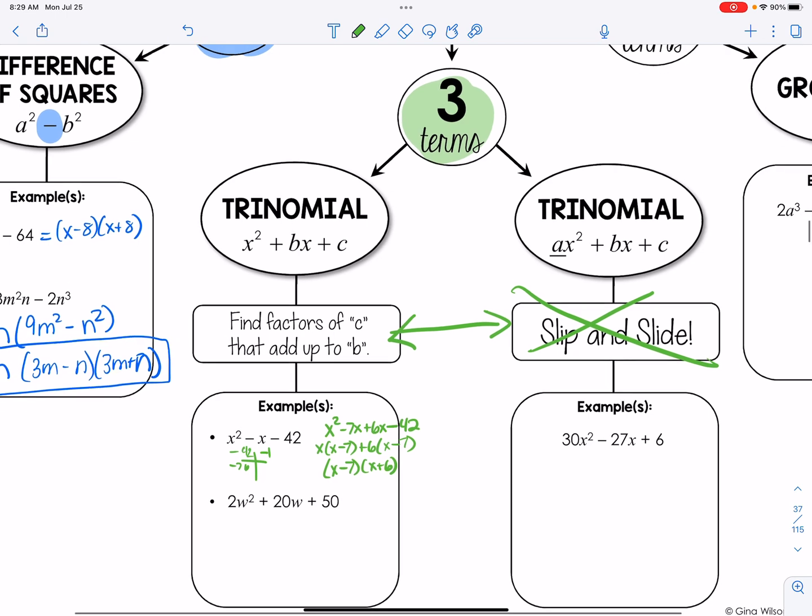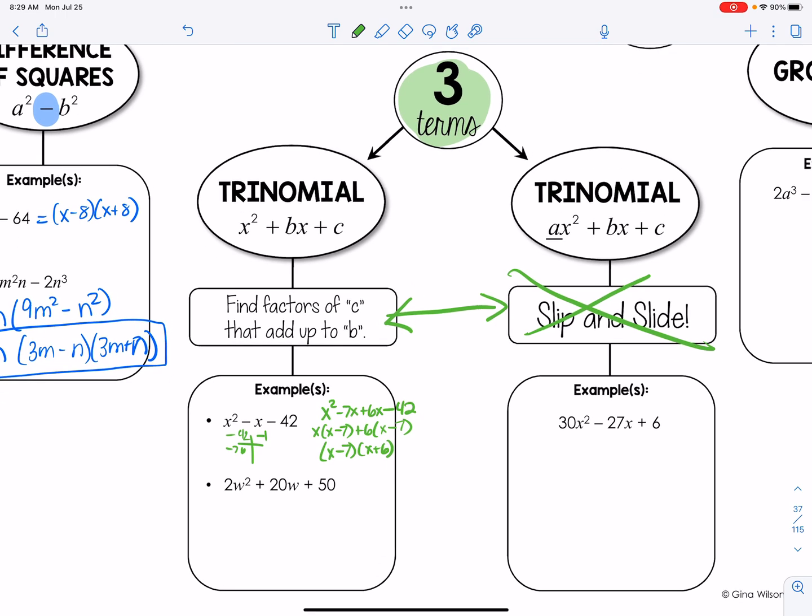Okay? Then you've got to look at that next one. You can take out a GCF. You can take out a 2, and that will make your numbers smaller. So I'm looking for factors of 25 that add up to 10, and I'm going to bring the 2 down. That's going to be in my final answer.